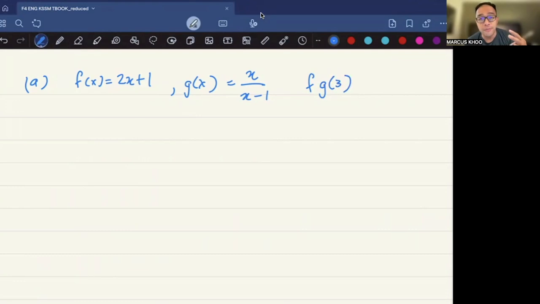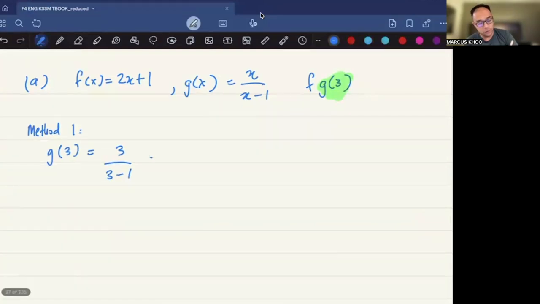This is my preferred method, method number 1. As I said just now, g(3) is the inside function, so I find g(3) first. g(3) equals 3 over 3 minus 1. I substitute everything in, which is what we did in subtopic 1.1. So 3 over 3 minus 1 will give you 3 over 2.